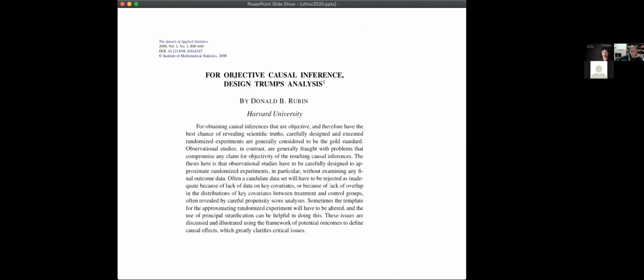This is in the Annals of Applied Statistics, a very well known stats journal. What it's really arguing is you can come up with fancy statistical modeling, but the real bottleneck is the design of the experiment.